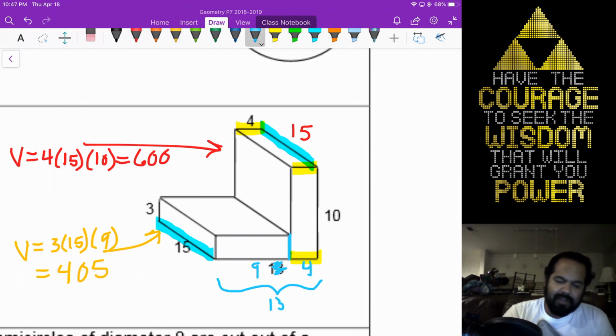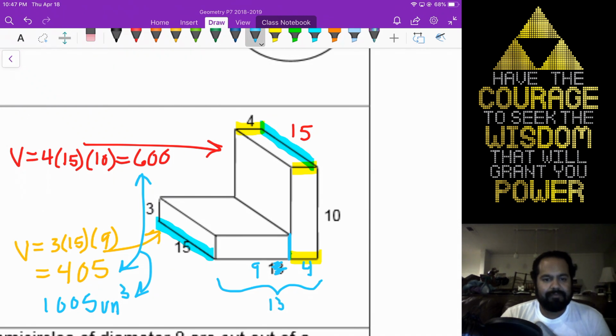Okay, so now at this point, you're just going to add those two values together. So you're going to have 1,005 units cubed.